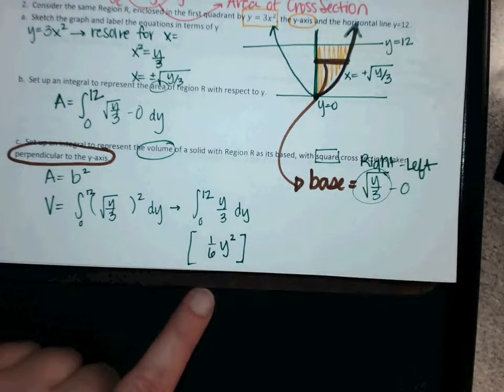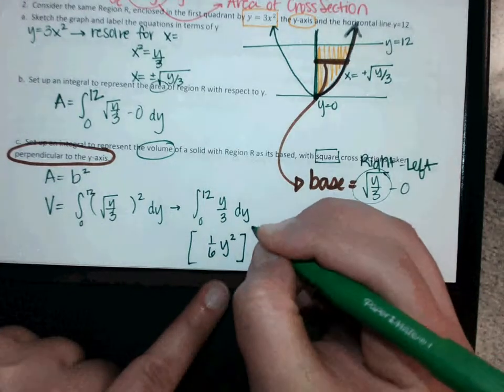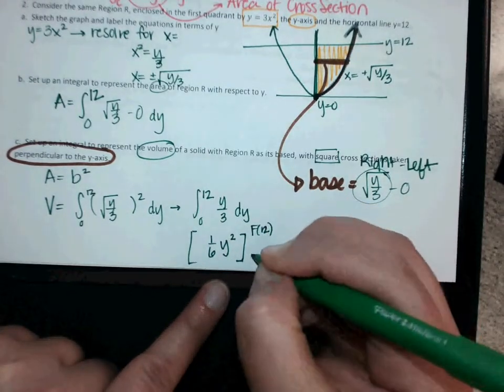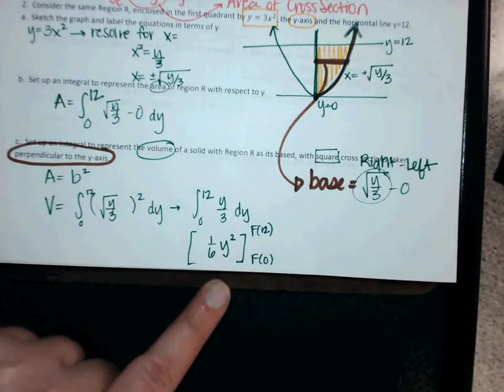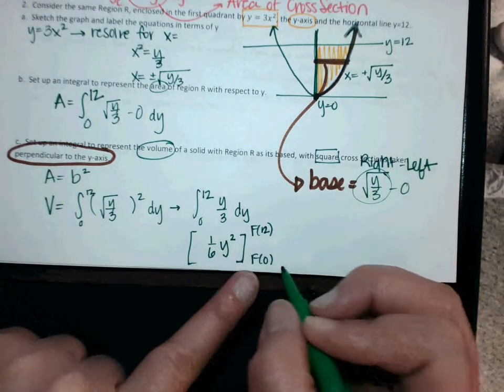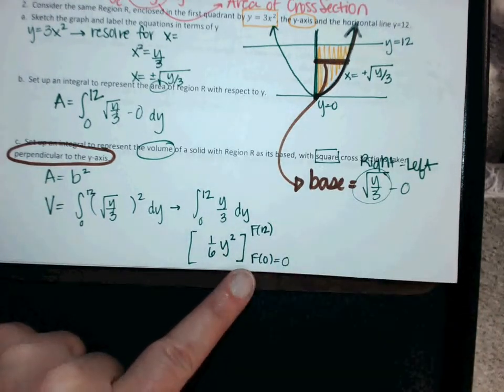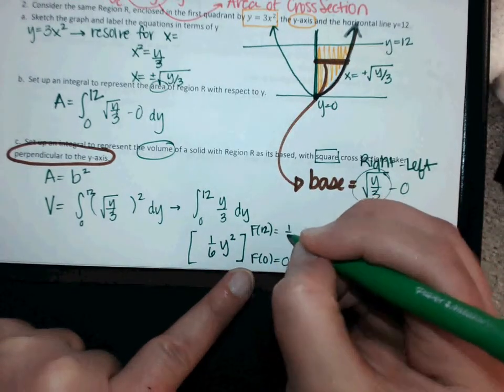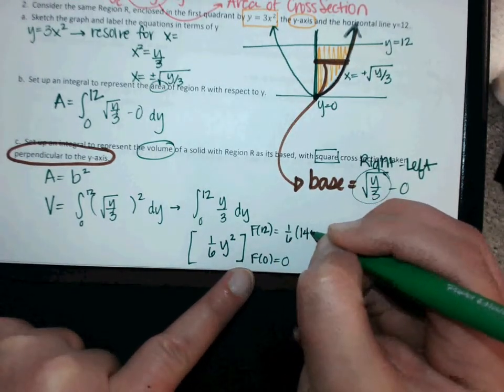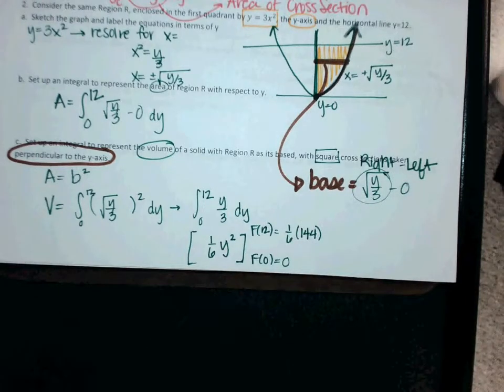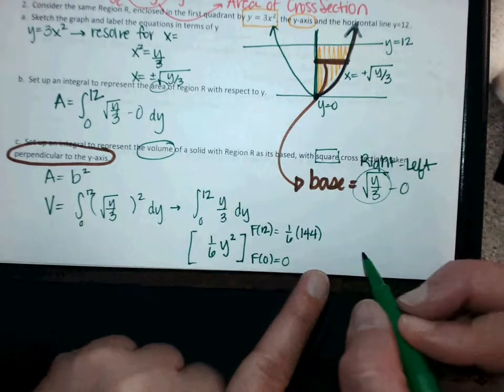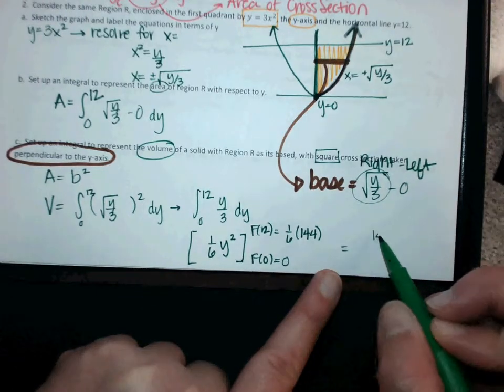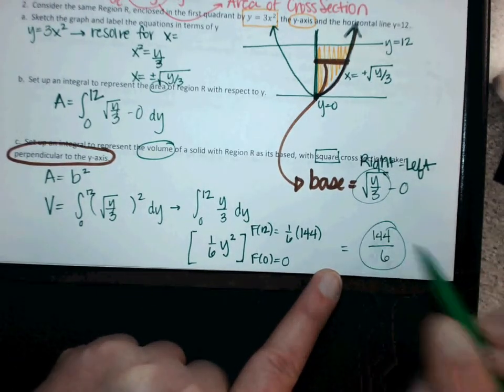Then from there, we're plugging in 12 and 0. When I plug in 0, what am I going to get? 0. When I plug in 12, I'm going to get a sixth of 144. I don't really know what that is, and it doesn't matter. So then from there, you do top minus bottom. So your total volume would be 144 over 6.